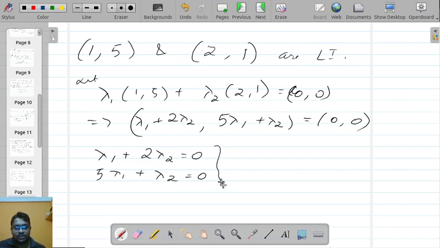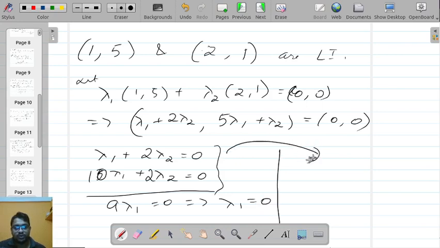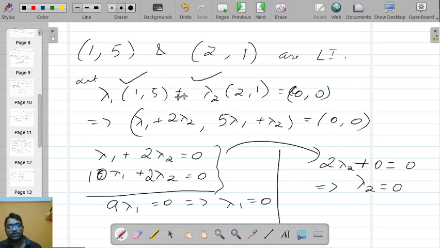Now try to solve these two. You multiply the second equation with 2, and if you just subtract, it is 9 lambda 1 equal to 0. So that means lambda 1 is 0. Also from the first equation we get 2 lambda 2 plus 0 equal to 0, so lambda 2 also evaluates to 0. So any equation of this type, lambda 1 times (1,5) plus lambda 2 times (2,1) equal to (0,0), implies that the only possibility is that the scalars have to be 0.